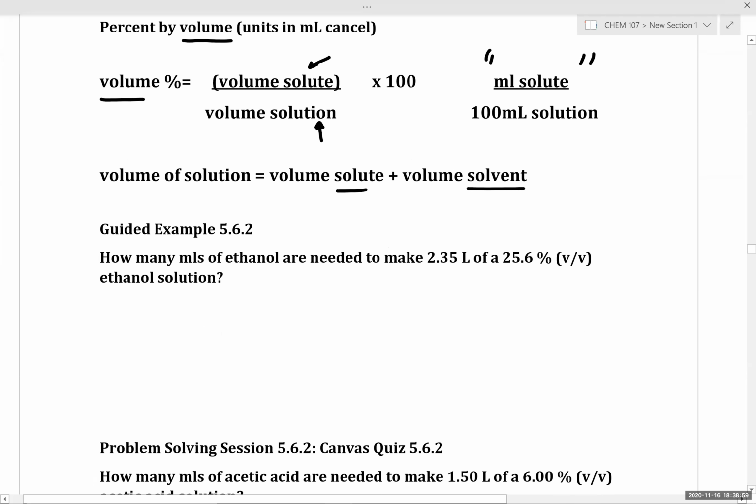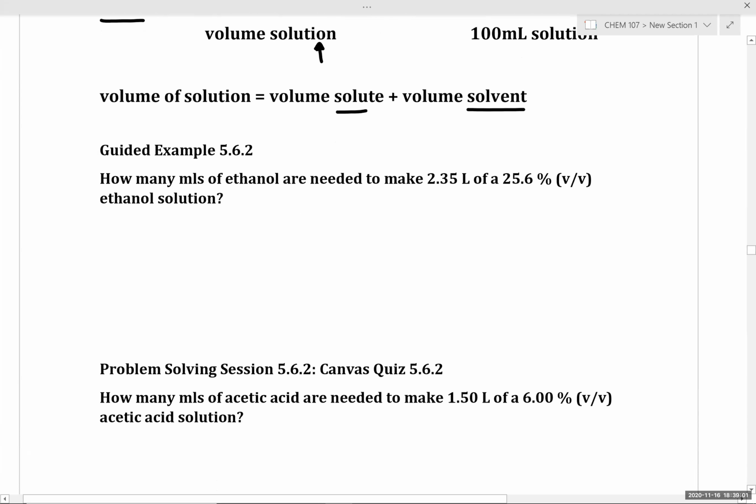So let's look at an example. In this case, we're asked how many milliliters of ethanol are needed to make 2.35 liters of a 25.6% volume over volume ethanol solution. Okay, so let's just write what we know.